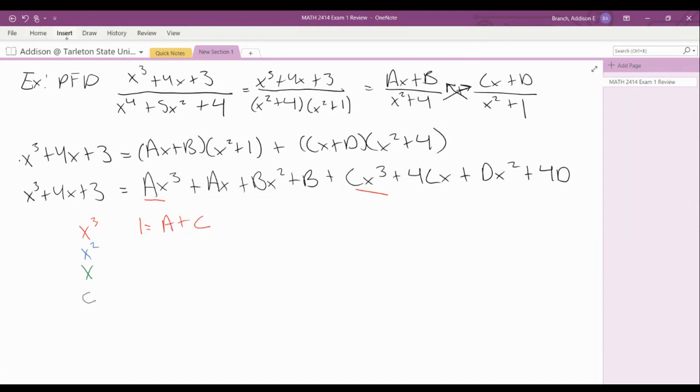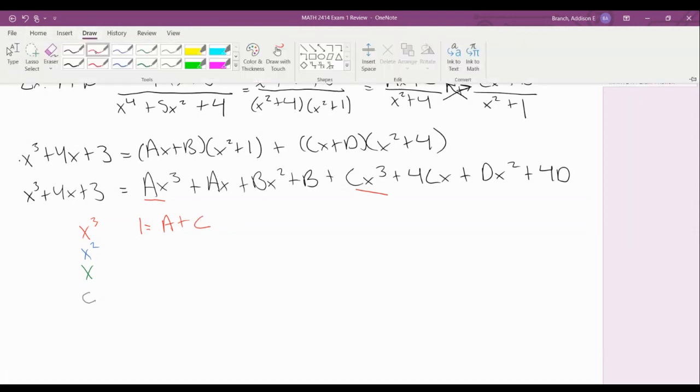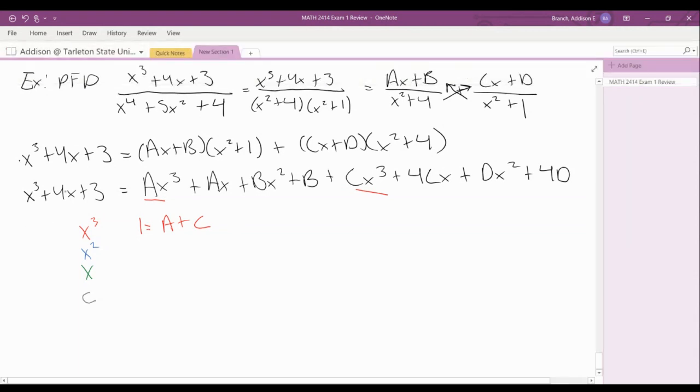So we can say that 1 is equal to a plus c. Now we can move on to our x squared. We don't have an x squared on our left side, so that's 0. On our right side, we have our bx squared and our dx squared. So 0 is equal to b plus d.